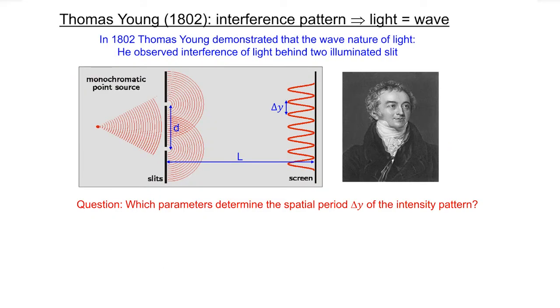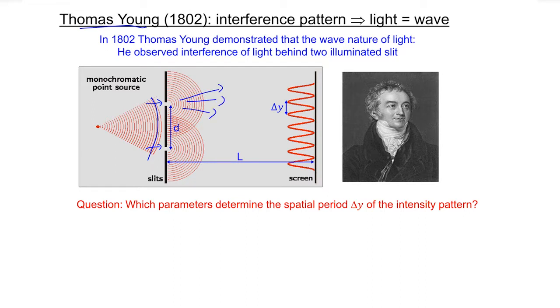The interference of light was first demonstrated by Thomas Young in 1802 in the following way. He used a screen with two slits illuminated by a single source, in his case light from the sun, and he observed the light passing through the slits at a distant screen.